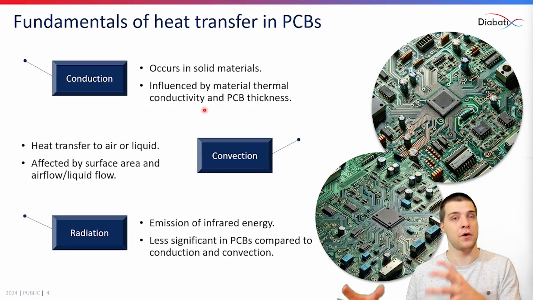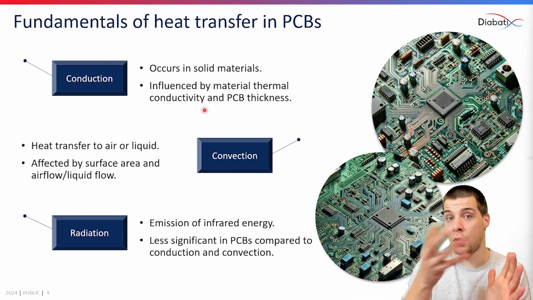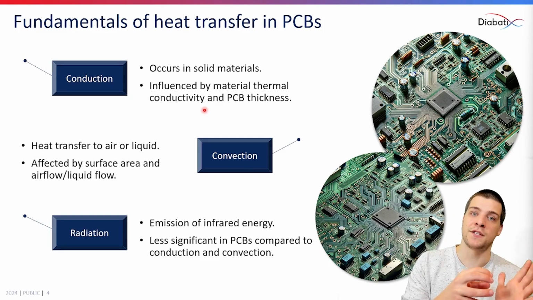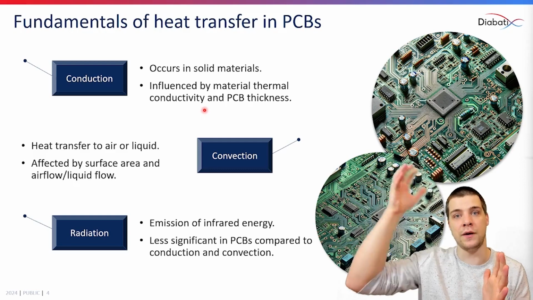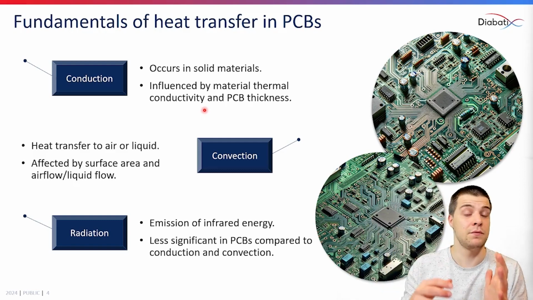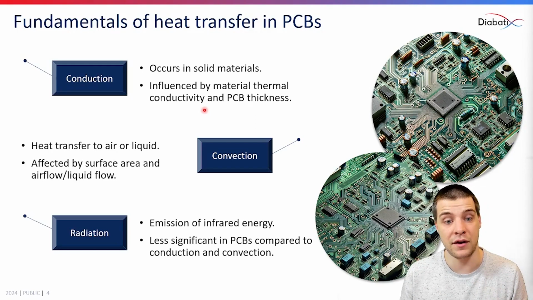Once a molecule of, let's say, air is in contact with our housing or PCB, the PCB will transfer some of that heat. That molecule captures that heat and then flows away, leaving the possibility for another molecule to transfer the next batch of heat.